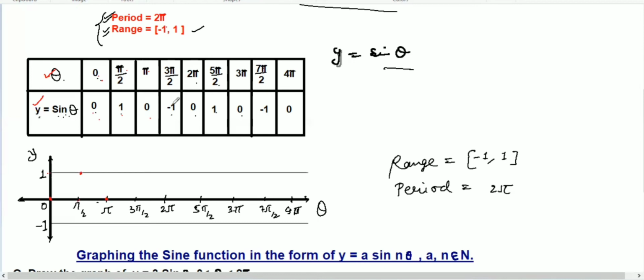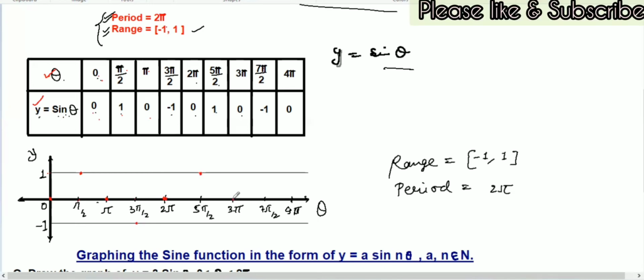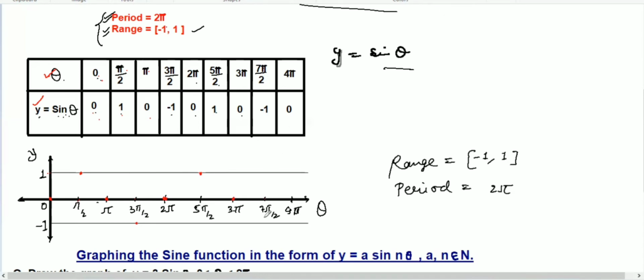3 pi over 2, minus 1. 3 pi over 2 theta and then minus 1. Then 2 pi, 0 will be here. 5 pi over 2, 1 will be here. 3 pi, 0 will be here, and then 7 pi over 2, minus 1 will be here, and 4 pi, 0 will be here. And then what we will do, we will join these points to draw the graph of sine theta.